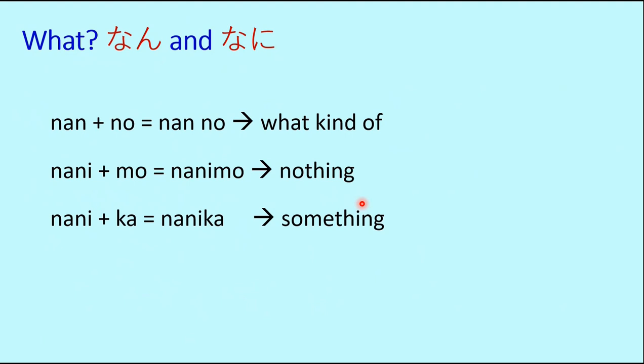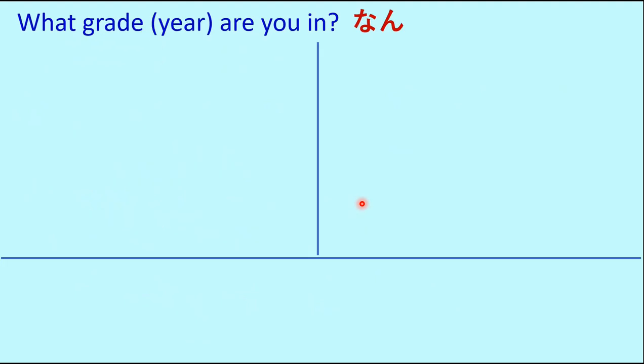Since today's lesson deals with only nan and nani, we will keep these three aside. This is only for generic information that these three words exist, and they are used for these three specific types of questions or expressions.